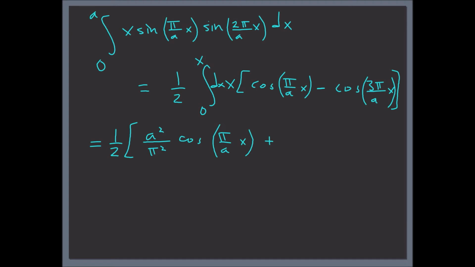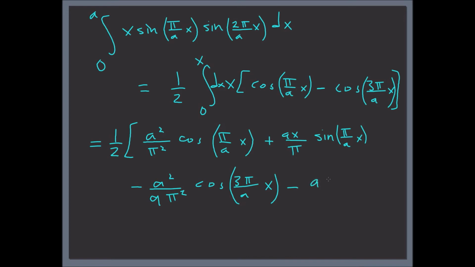plus ax divided by pi times the sine of pi divided by ax, minus a square divided by 9 pi square cosine of 3 pi divided by ax, minus ax divided by 3 pi times sine of 3 pi divided by ax.